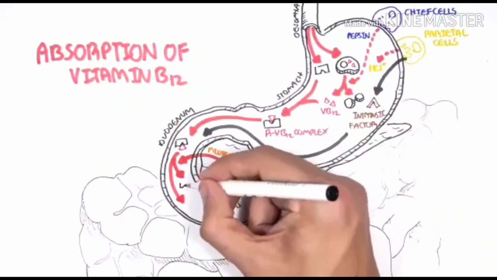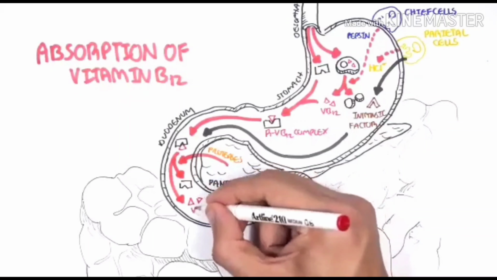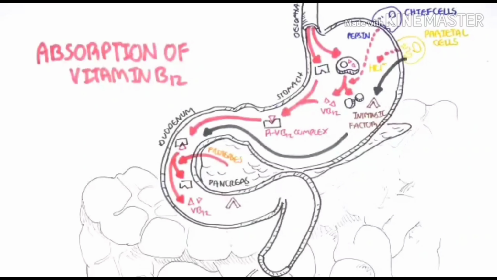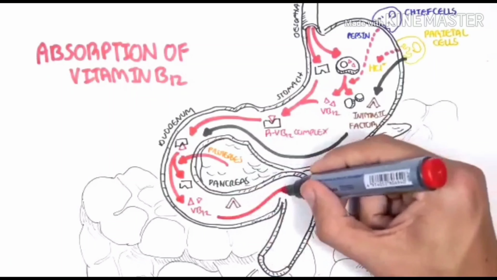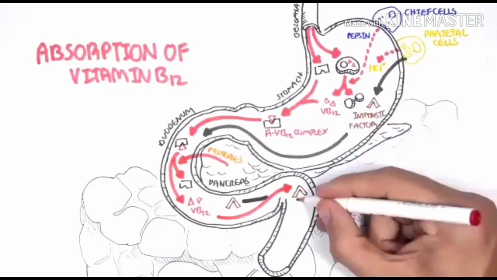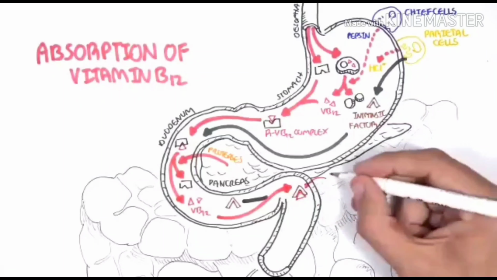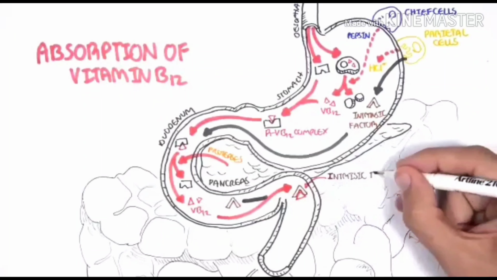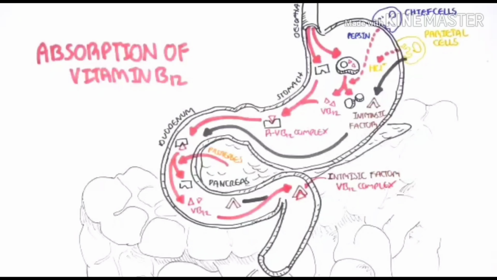The protease breaks the R protein and frees the vitamin B12 from the R vitamin B12 complex. The liberated vitamin B12 then attaches to the intrinsic factor and forms the intrinsic factor vitamin B12 complex.